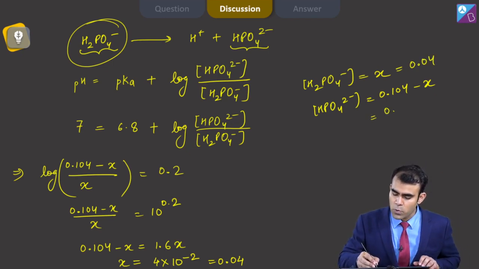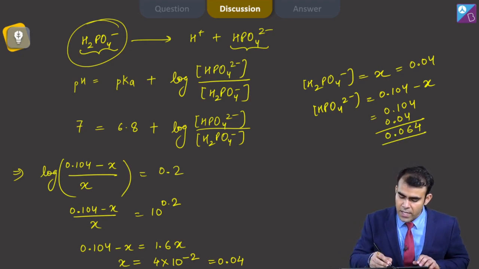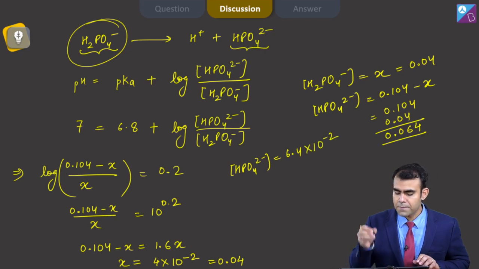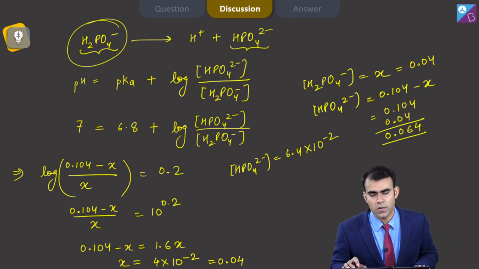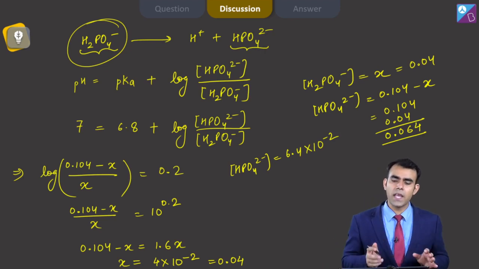That is 0.104 minus 0.04, that is 0.064, or I can write it as concentration of HPO4 2 minus is 6.4 into 10 to the power minus 2. Now we have calculated the concentrations in the initial buffer.